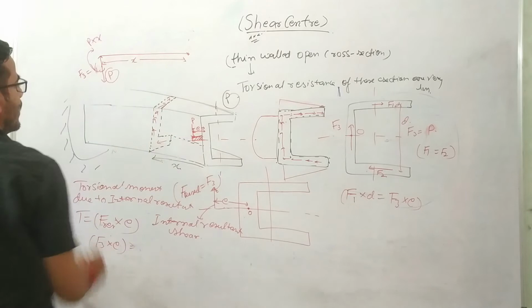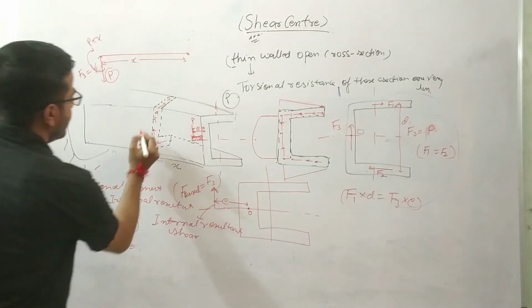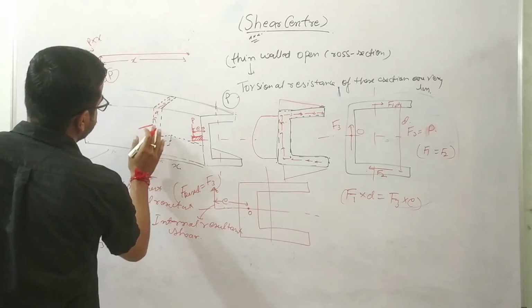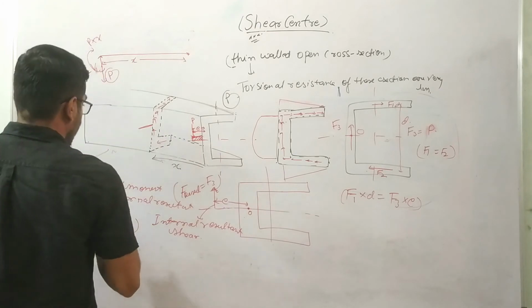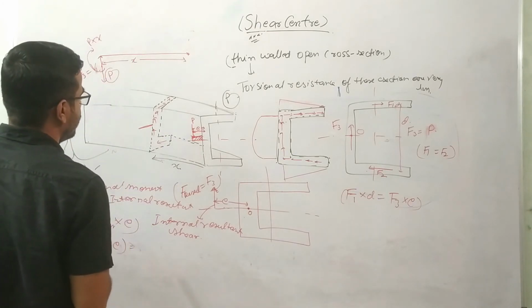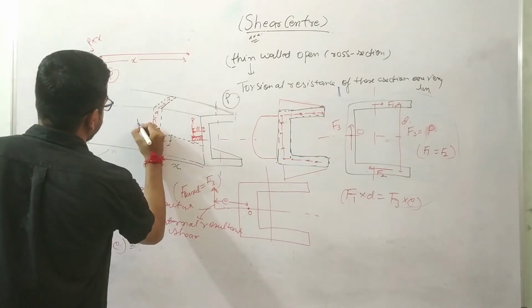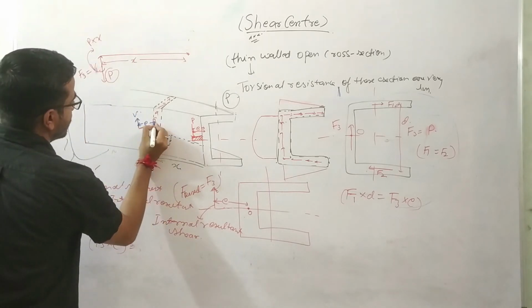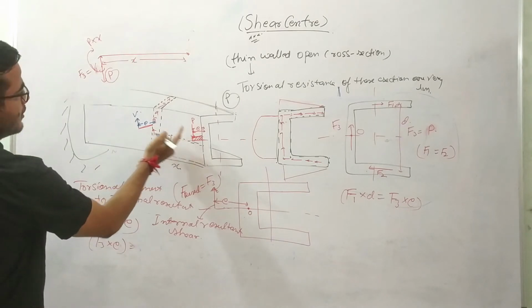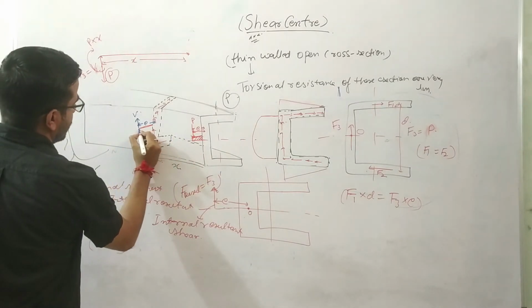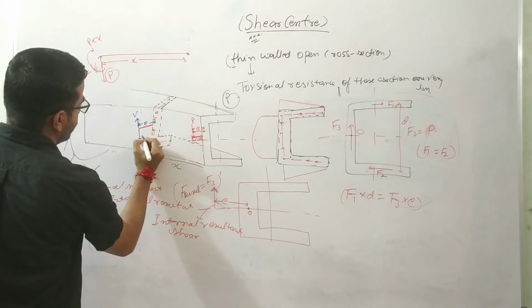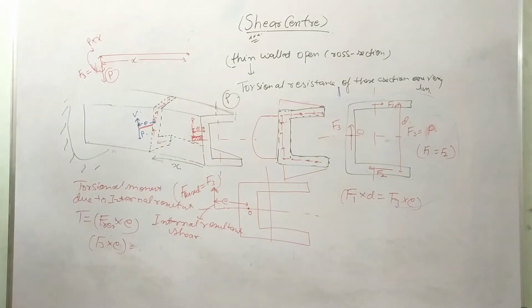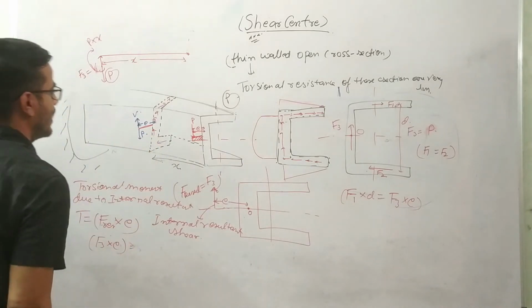At this location I have the resultant of internal shear, which is nothing but V, acting at a distance E. When I transfer this force along this line, the P force will act at this point only, in the downward direction.